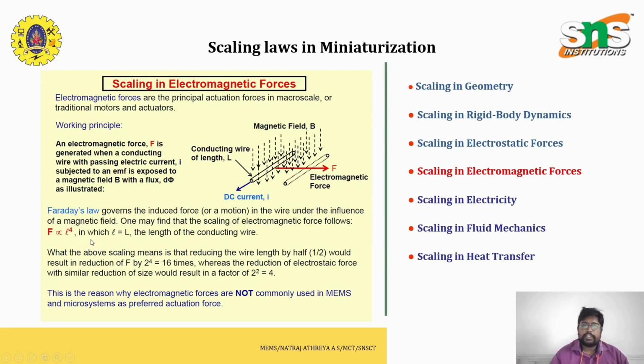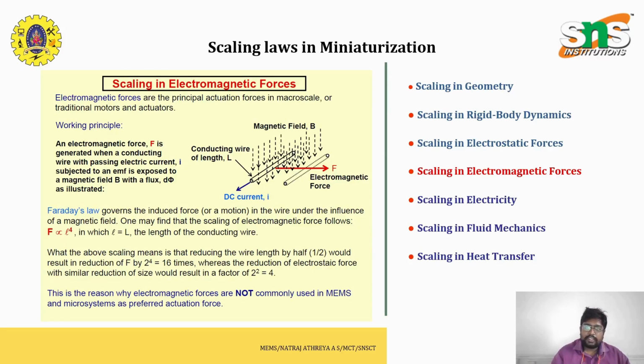So as per the scaling laws, when the dimension is reduced by half, what would be the change? When the dimension is reduced by half, you can see that F becomes 2 power 4, equal to 16 times. So when the dimensions are reduced by half, the electromagnetic force is reduced by 16 times.